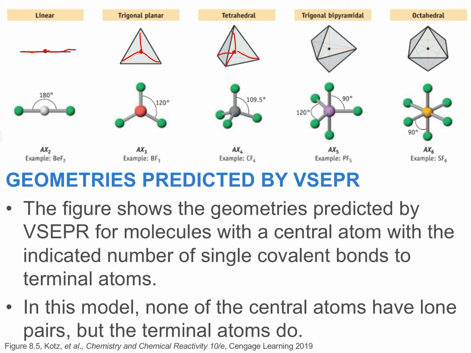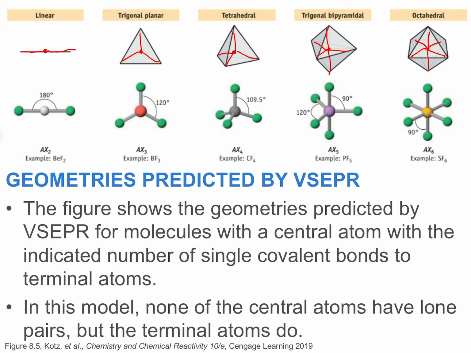If I have 5 regions of electron density, right here, I'm going to go above and below, and then to each one of these corners right here. So this is called trigonal bipyramidal. Each one of these shapes is a pyramid. If I have 6 regions, then there's my central atom, and I'm going above, below, and then 1, 2, 3, 4 in this plane.